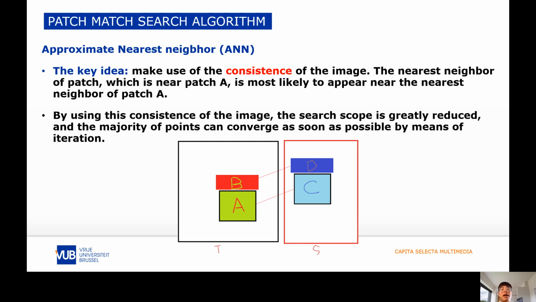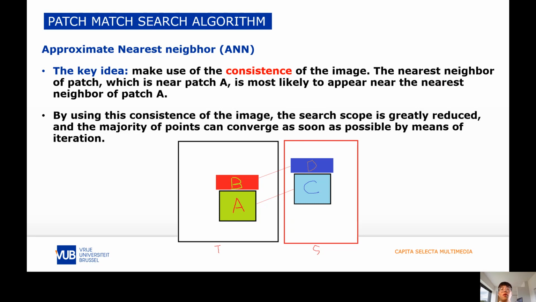The idea of the PatchMatch nearest neighbor algorithm is that if the patch B matching patch A of the target is found in the source, then the region around patch B is likely to match the region around patch A. That is the local correlation of the image.